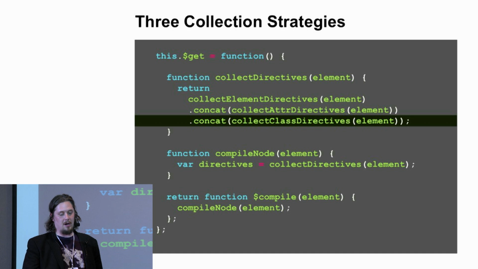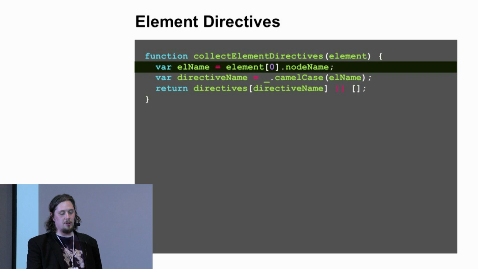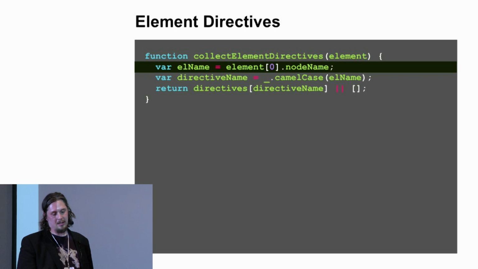So let's look at how that matching actually happens inside these functions. First we're looking at how to match directives to an element by the element's tag name. We have to get that tag name first, which we get by the standard DOM nodeName attribute from the element, and that's going to be an uppercase hyphenated string, whereas our directives have names that are camel cased.